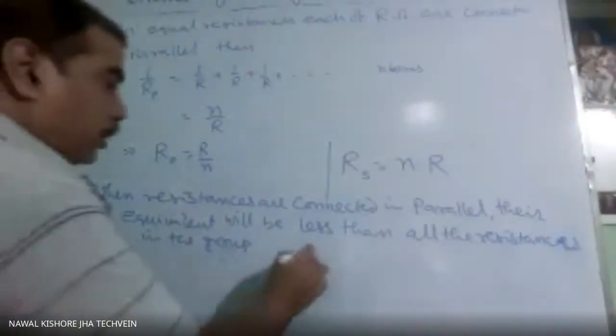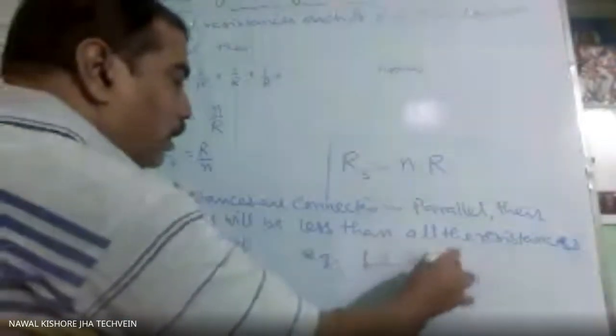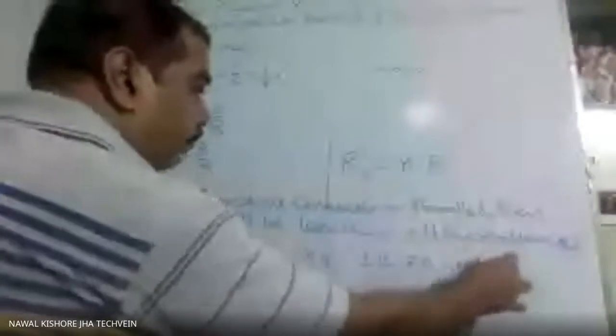For example, suppose 1 ohm, 2 ohm and 100 ohm are connected in parallel. What will be the equivalent?